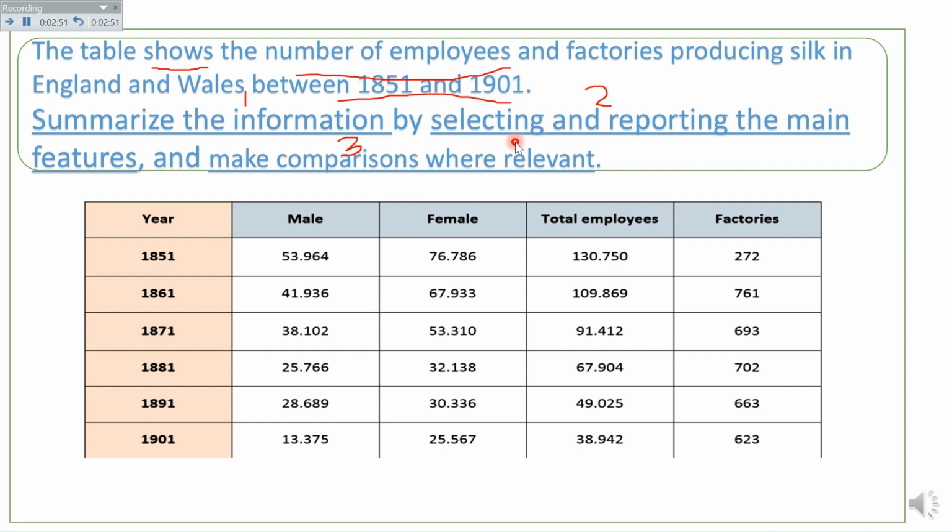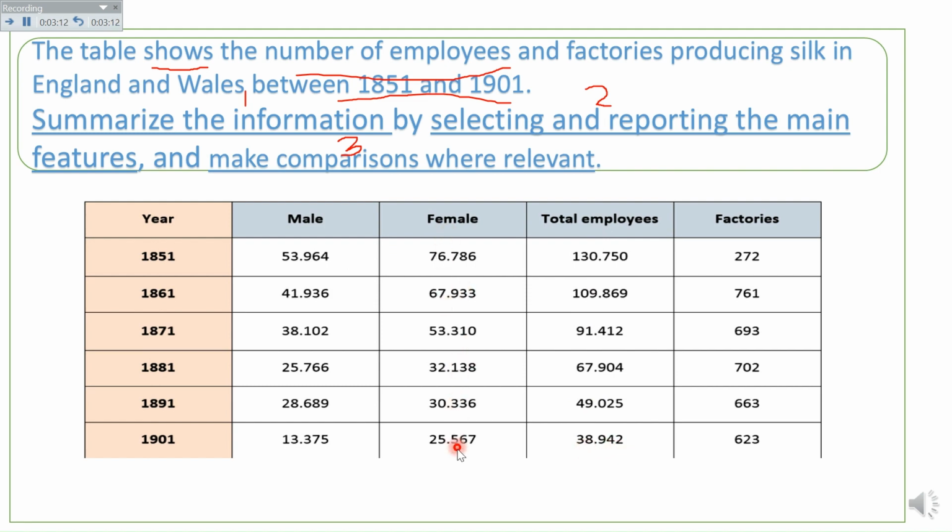So what is selecting main features now? How can we select and report the main features? See, you see the years, male and female. We see the total employees from 1851, including male and female, have decreased, right? From 130,750 in 1851 to 38,952 in 1901.